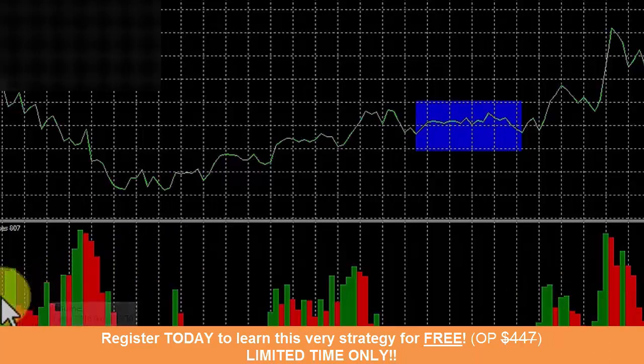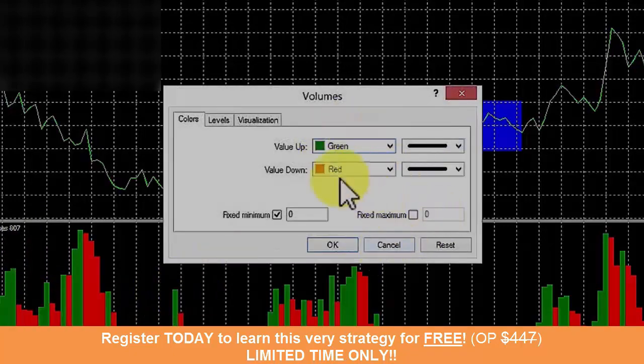So to do this, you go to your toolbar here, go to indicators, go down to volume, open up volume, and just choose volume and drag it here, and you can choose all these parameters.